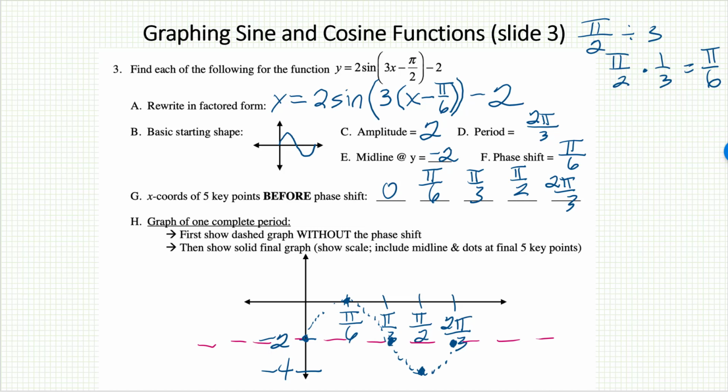All I have to do to get my final answer is deal with the phase shift. The phase shift is positive pi over 6, which means take that dashed graph and shift it to the right by pi over 6. Now, pi over 6 is a wonderful phase shift to have because I'm already counting by pi over 6's. I just need to move every dot 1 tick mark over to the right.